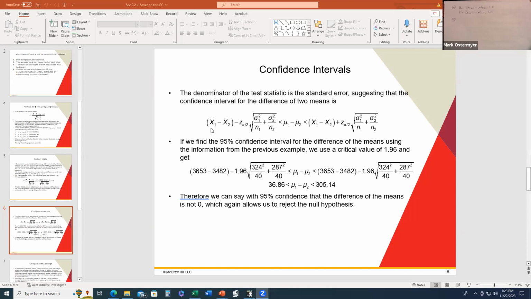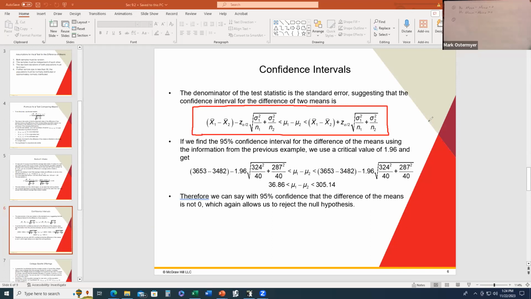Just like we constructed a confidence interval for an unknown population mean using one population, we can also do so for two population means, for the difference between population means. We can construct a confidence interval. And this would be the formula that you would use to construct a confidence interval for the difference between the means of the populations.